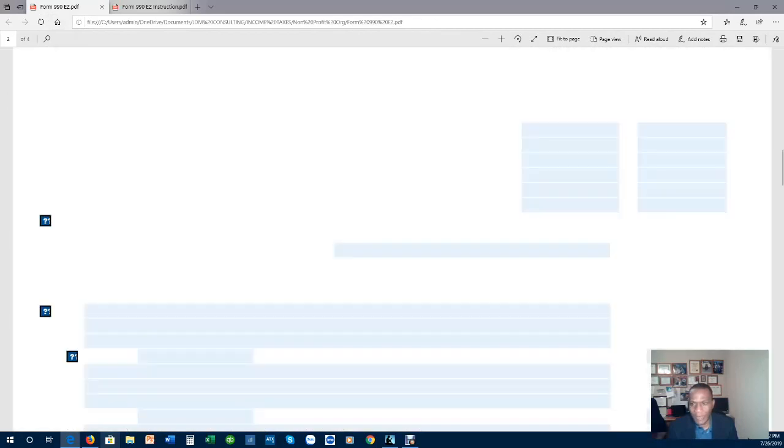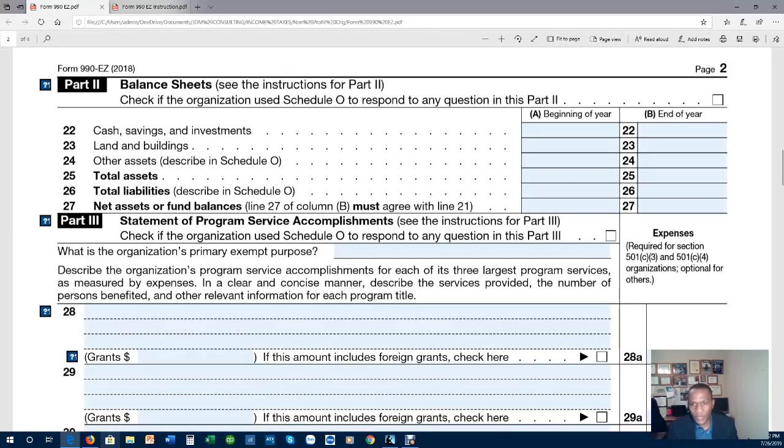Okay, so let's go back. So the balance sheet, you'll see the instructions for Part 2 in the instructions. Check if the organization used Schedule O to respond to any questions in this part, and then you'll click here if the organization used Schedule O to respond to any information here. And then cash, savings, and investments, indicate the beginning of year. That's your balance sheet basically.